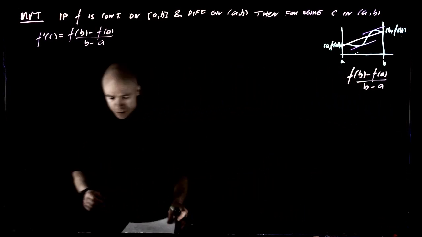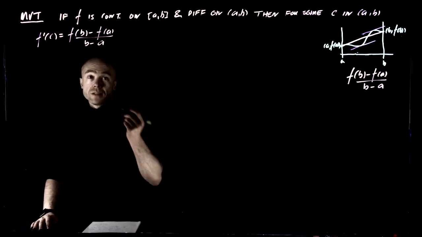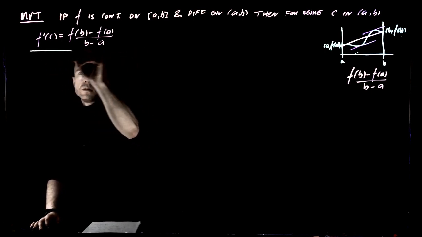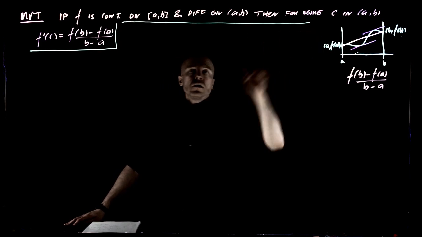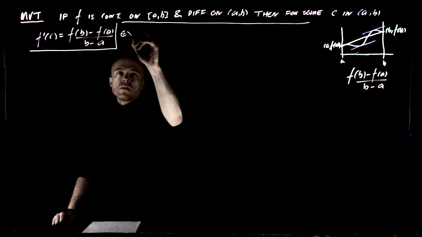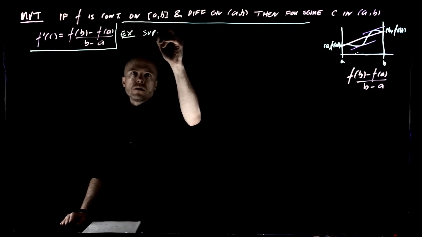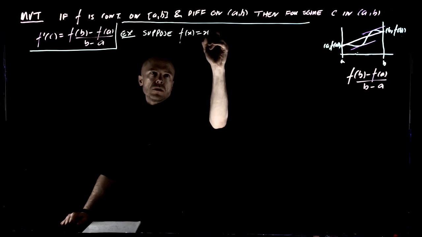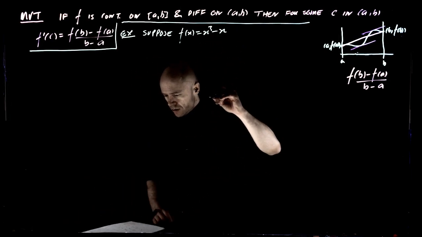So the first exercise is rather a simple exercise. Suppose f of x equals x to the 3 minus x on [0, 2].